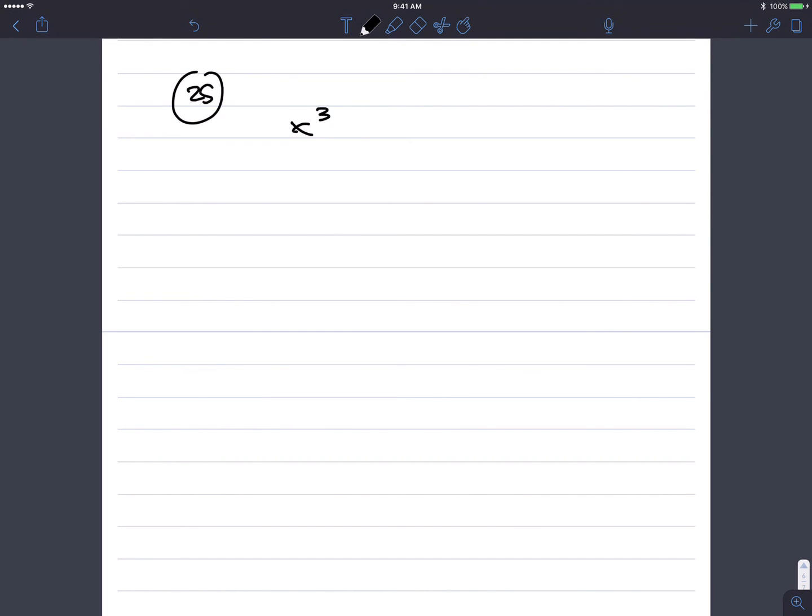X to the third power, y to the third power, over x to the fourth power, y to the second power for number 25. Again, keep the base x, subtract your powers. Keep the base y, subtract the powers.